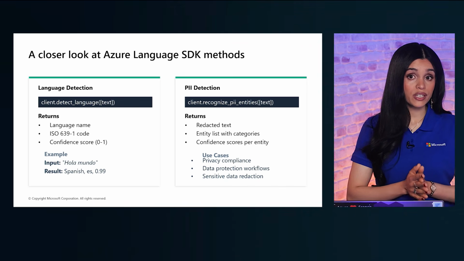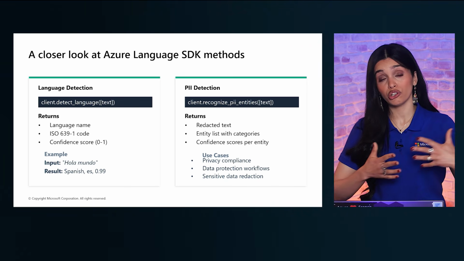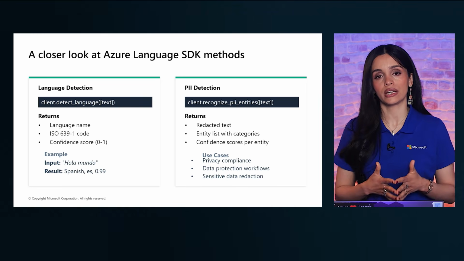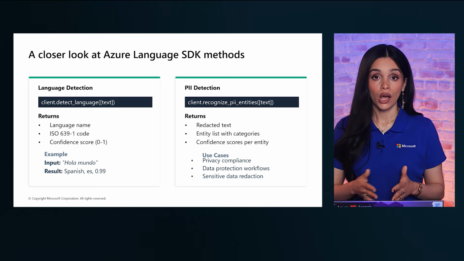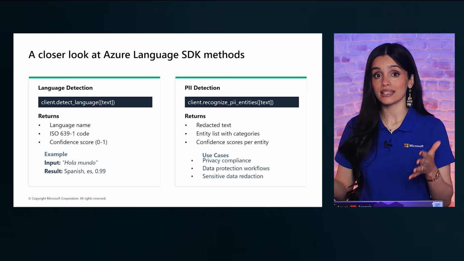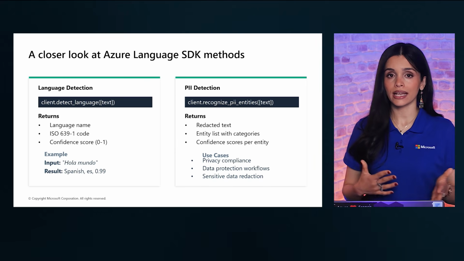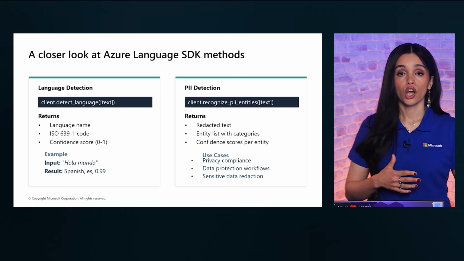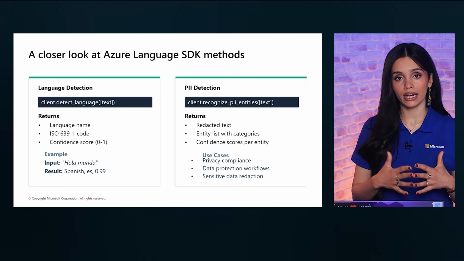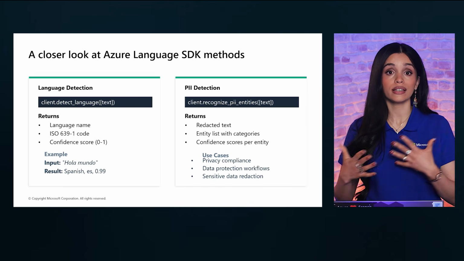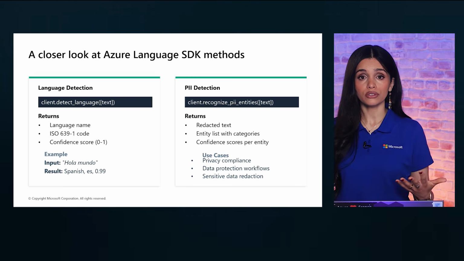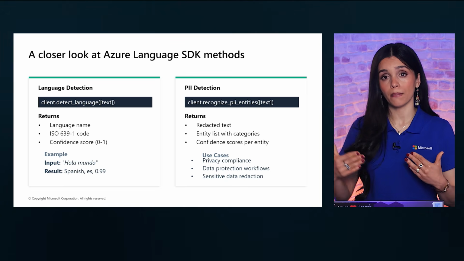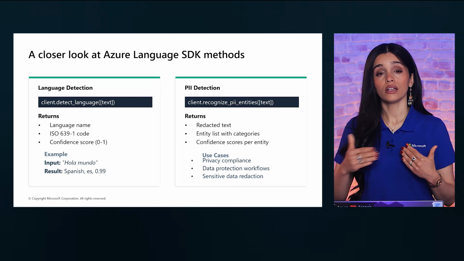In the previous slide, we saw how the recognize entities method helps identify people, locations, organizations, and dates in text. What is important is that we use the same Azure Language SDK and the same text analytics client library to call other methods as well. For example, with the same client, we can run language detection with the detect language method to identify the language of incoming text, which is often the first step in a multilingual workflow.